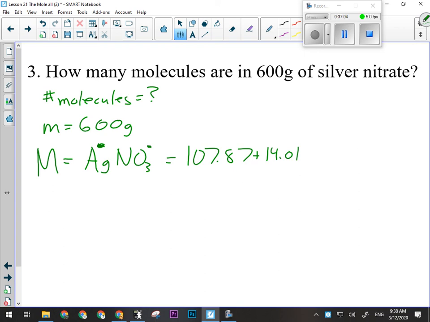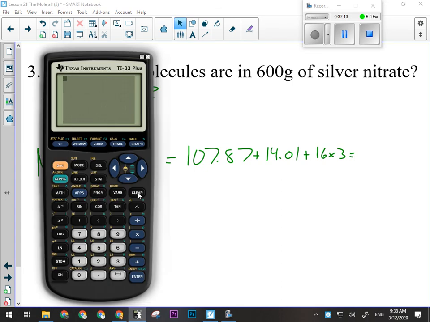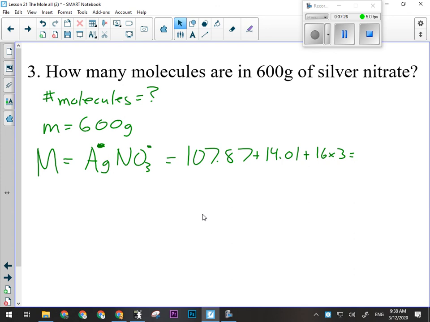So there's 3 oxygens. So we've got 107.87 plus 14.01 plus 48. So 169.88 grams per mole.